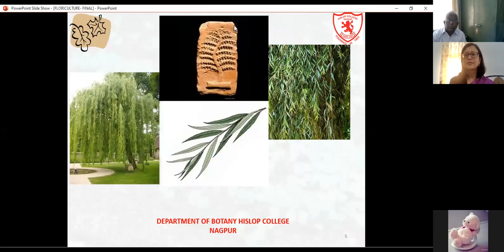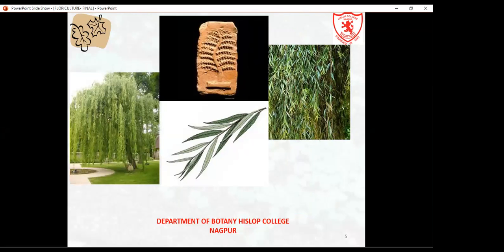And if you look at the leaves depicted on the seal, they're exactly like these leaves. And these leaves belong to a plant which we call weeping willow, Salix in botany. I did look it up on the net to see if I would get the vernacular name. The closest name I got was Namra Vriksha.